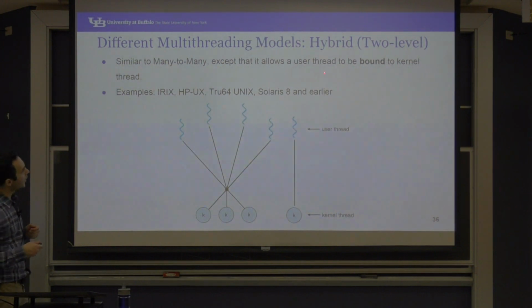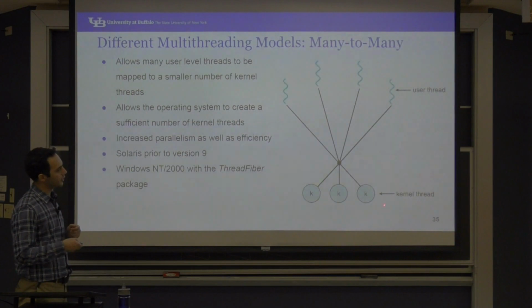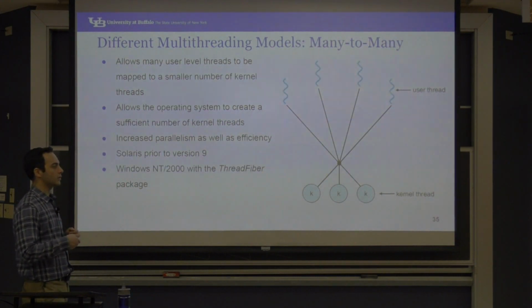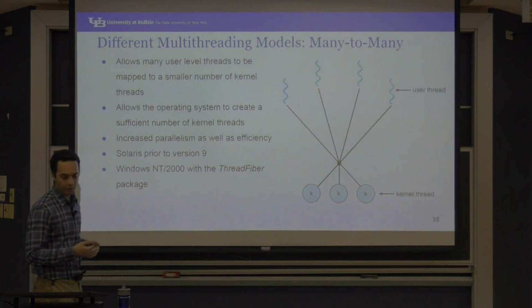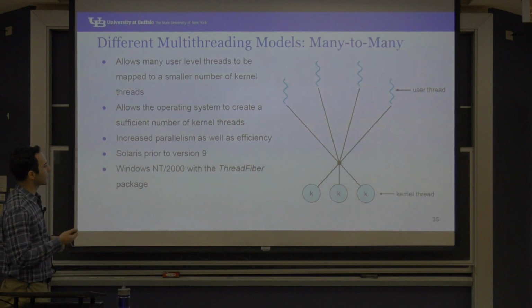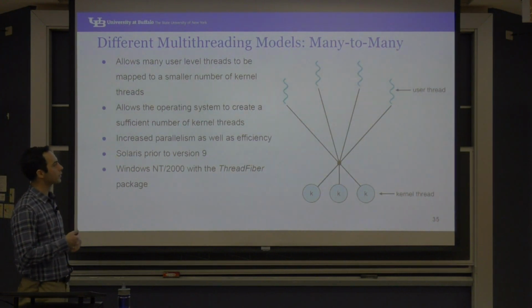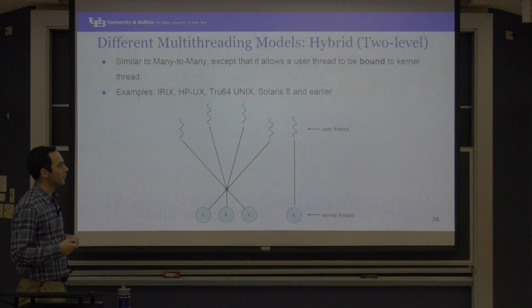So the two-level model is very similar to this. Basically, the OS decides how many kernel threads it can have based on many things, for example the number of cores of the processor, and maybe the memory. But it also allows a user thread to be bound to a kernel thread.